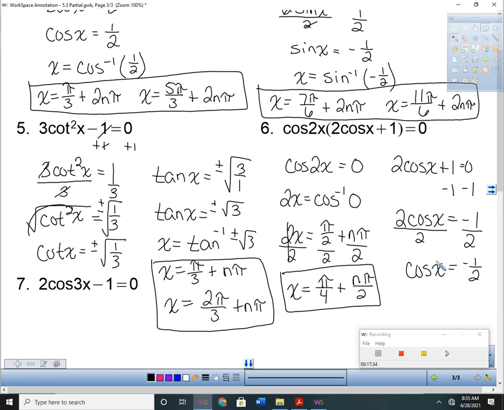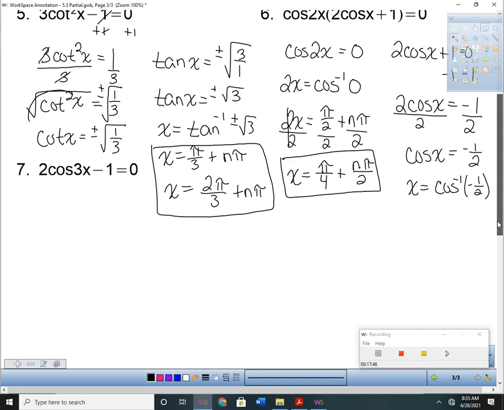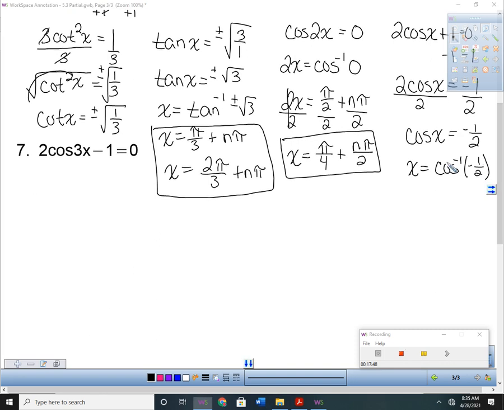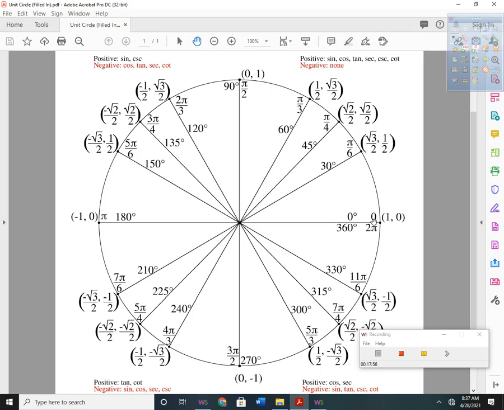And then to get to the x, I've got x is equal to cosine inverse of negative 1/2. So I'm looking for all of the angles that have a cosine value of negative 1/2. So that would be the 4 pi over 3 and the 2 pi over 3.